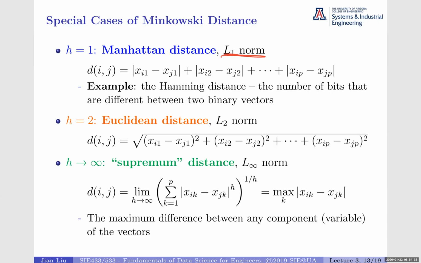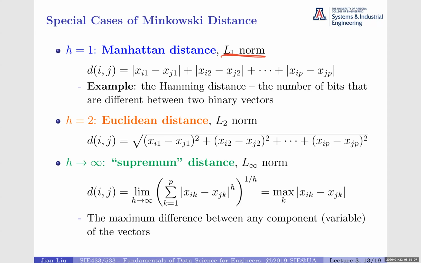L1 norm, by interpreting that general definition of Minkowski distance, is the absolute distance between the two data objects according to the first variable, second variable, we add them up together. That's L1 norm. Okay. For example, the Hamming distance is a number of bits that are different between two binary vectors. This can be even used for some binary vectors.